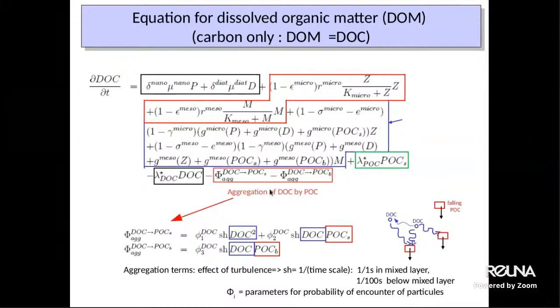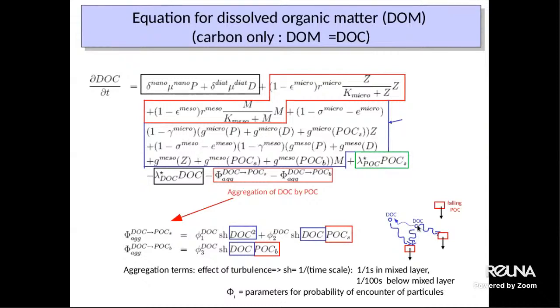And so I will describe just briefly this aggregation. It's easy to understand. Now it's not really biogeochemistry. It's more like chemistry or maybe statistical physics. But what you have is a flux from dissolved organic carbon to small particulate organic matter. And this is proportional to the DOC squared.